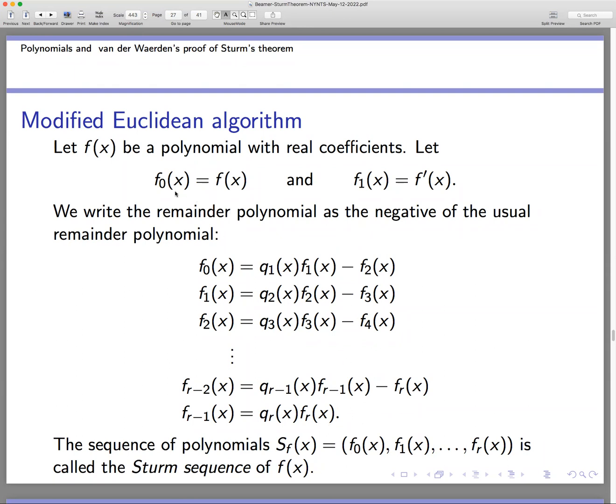And we're going to let f0 be the polynomial with real coefficients whose zeros in an interval we want to count, and f1 will be the derivative. And this sequence of remainders in this modified Euclidean algorithm, we call the Sturm sequence f0, f1, up to f sub r. So that's a sequence of non-zero polynomials that come from the Euclidean algorithm.